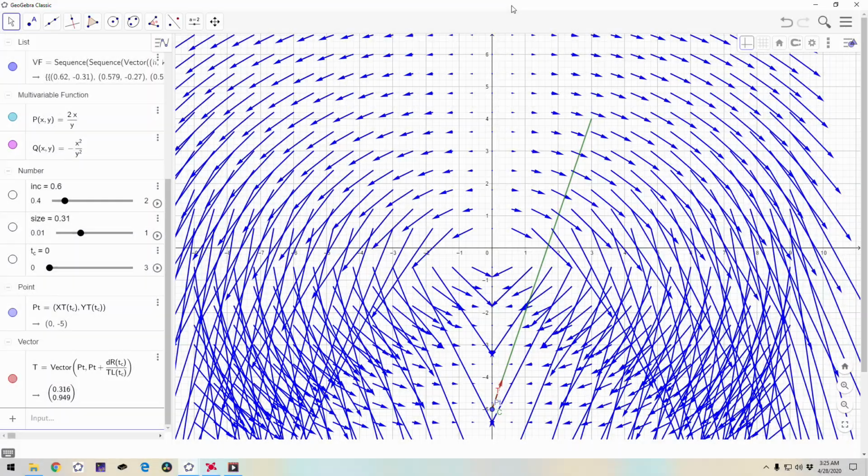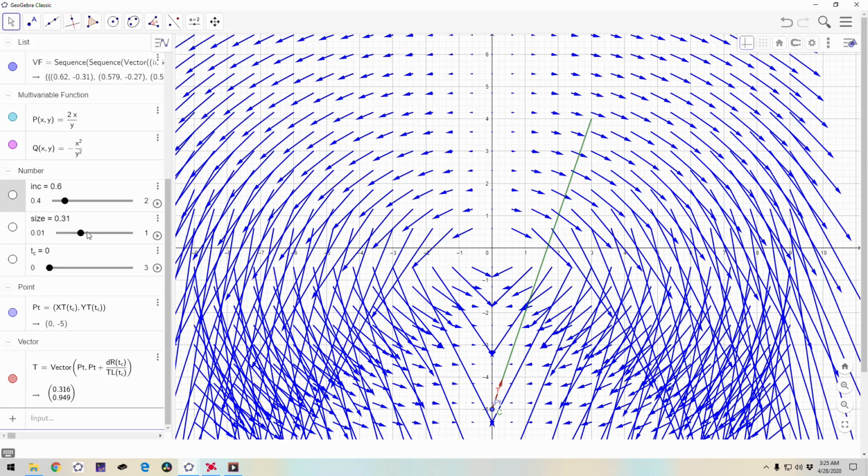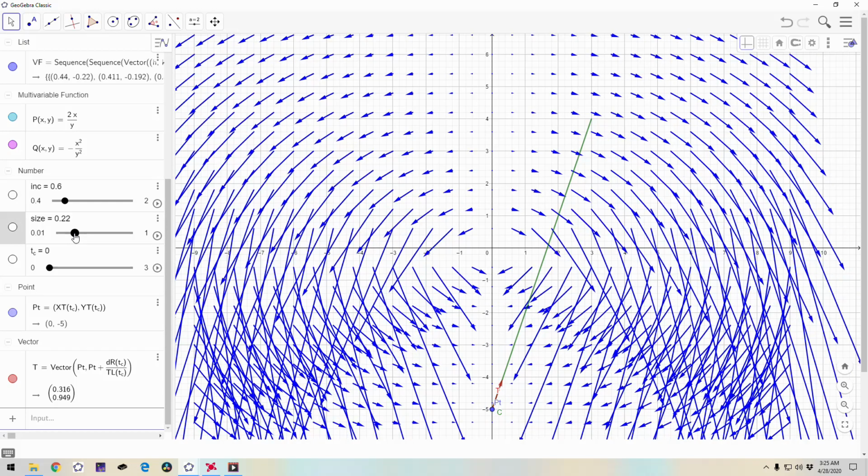So let's look real quick at the vector field there. This is the vector field 2x over y, negative x squared over y squared. I have it set up pretty well, as you can tell. Let's see. That might be a little too thick. Let's go back one again. Okay, yeah. So you can see the direction of the swirling there of the vectors, kind of fighting against each other from left to right, but still.